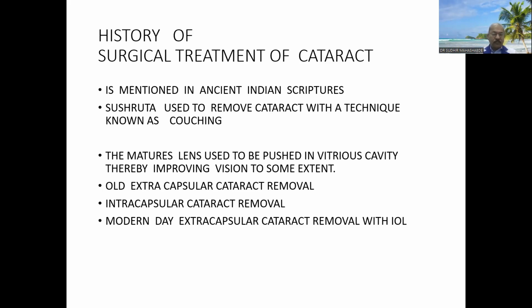The lens was held with its capsule and was removed intact along with the capsular bag, breaking the zonular ligaments. Then the sutures were applied, and this led to what is called aphakia, no lens in the eye, and then the vision was rehabilitated with the help of a spectacle.